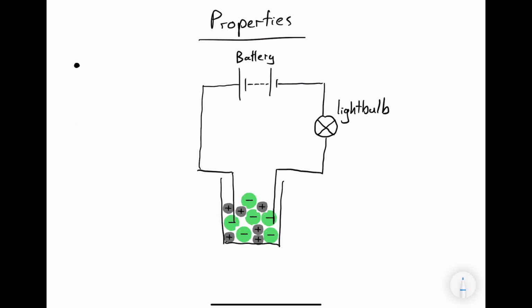If we connect the same circuit to a molten ionic compound, then the light bulb will illuminate. This is because the ions are free to move and carry charge.